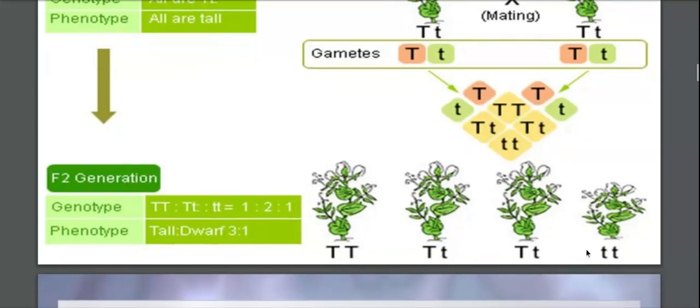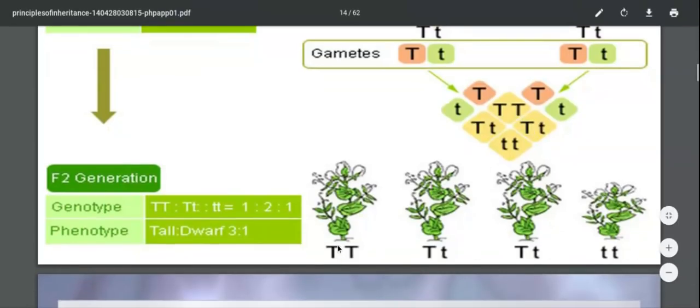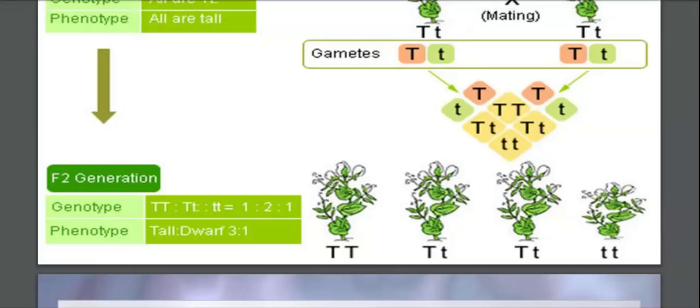Here again the combinations are listed, the same four are listed over here. And as you can see, it is a 3 is to 1 ratio, 3 tall plants and 1 dwarf plant. So if I ask you what is the phenotypic ratio, it is 3 is to 1, 3 tall and 1 dwarf. But if you actually zoom in and see what is the genotypic ratio, you will see that 1 is homozygous tall, that is this plant.